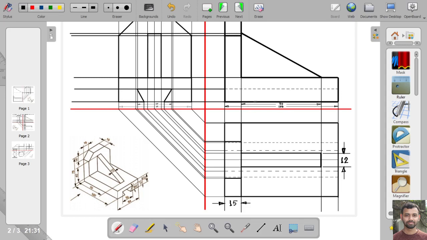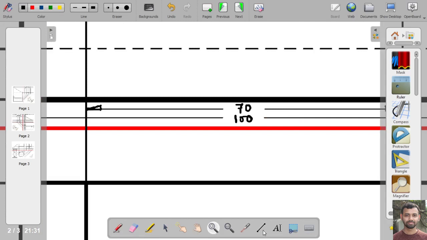So it will be better if we show the 70 mm dimension on the top view. That is better.